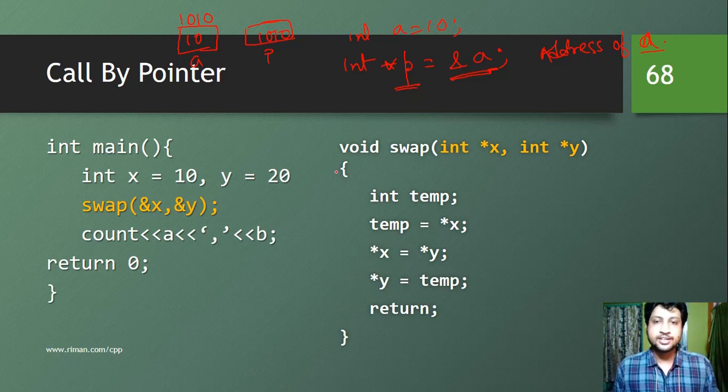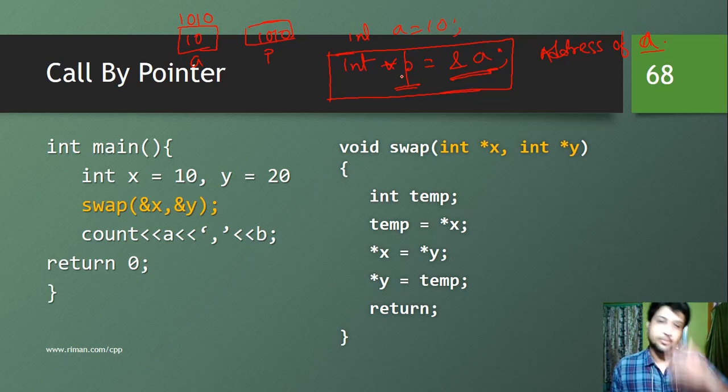So look at this statement again. To declare a pointer variable and assign an address to it, the statement is int *pointer = &variable. So what is happening here? We have this swap function again, and we have these statements.